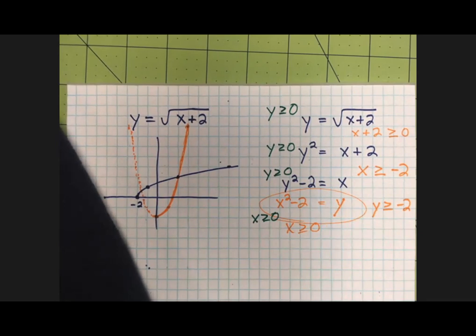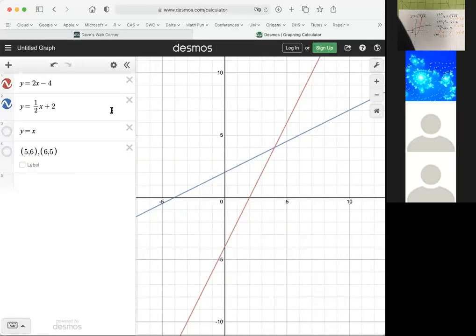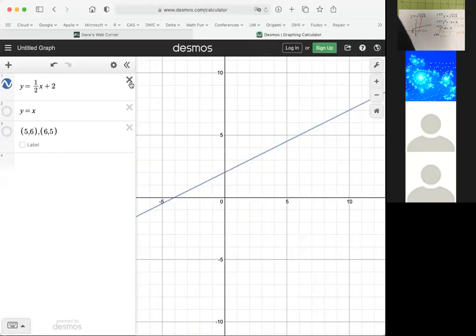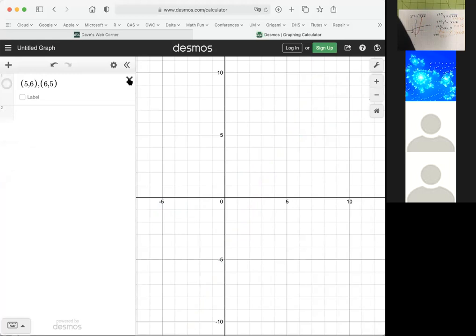I could show that again in Desmos. I'll share the screen with you because Desmos allows me to restrict the graphs in different ways. So if I say y equals square root of x plus 2, I get that square root graph there.